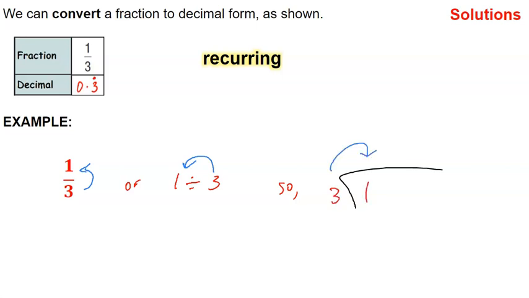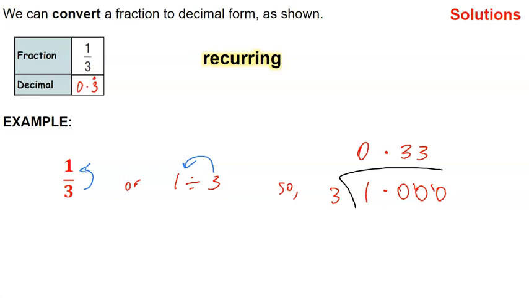Does 3 fit into 1? Clearly it cannot, so we introduce a decimal point and a 0. Now we're asking, does 3 fit into 10? It can fit 3 whole times with 1 remainder. So we introduce a 0 and we ask, does 3 fit into 10? And the answer is 3 whole times with remainder 1.